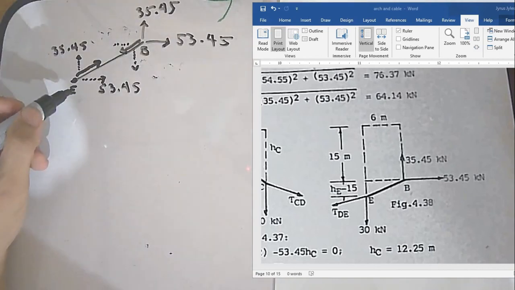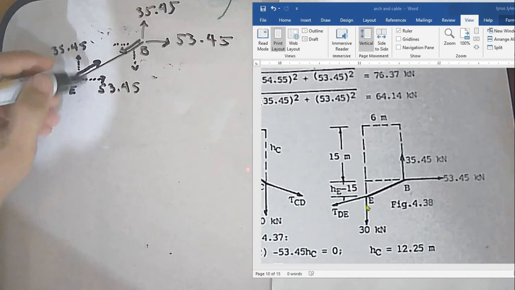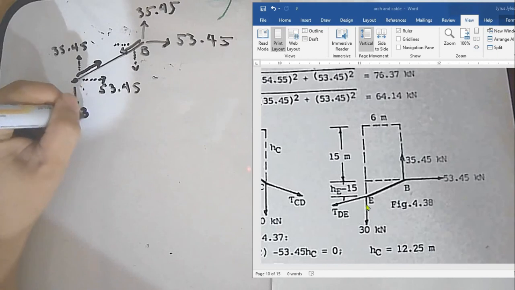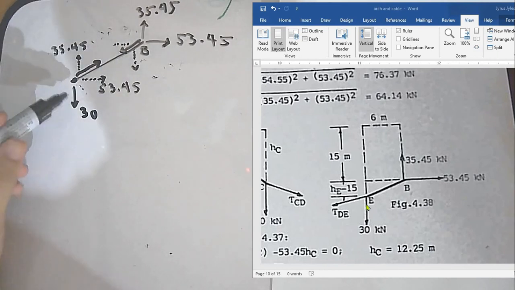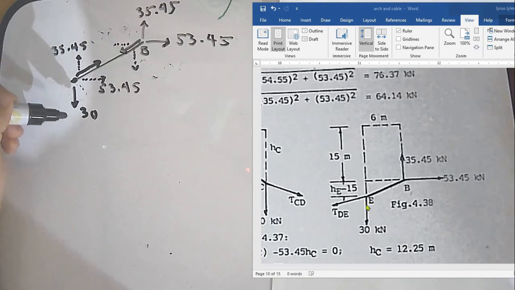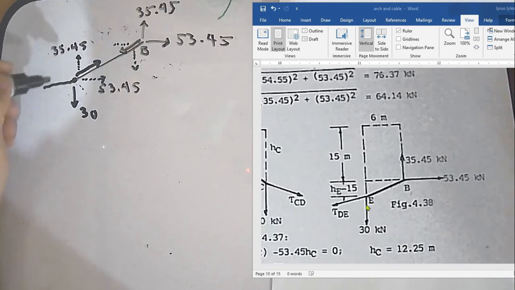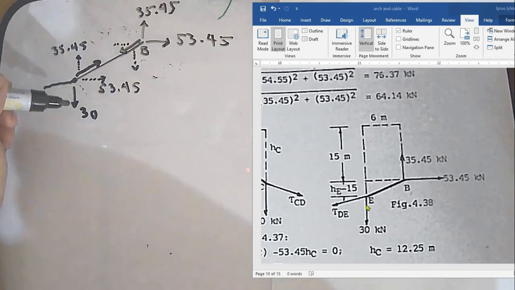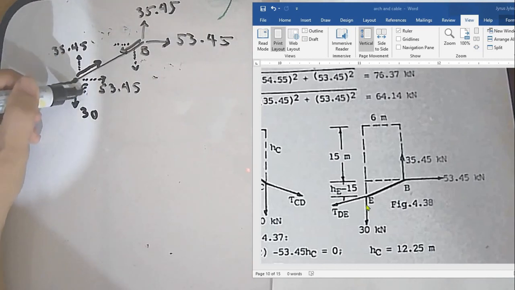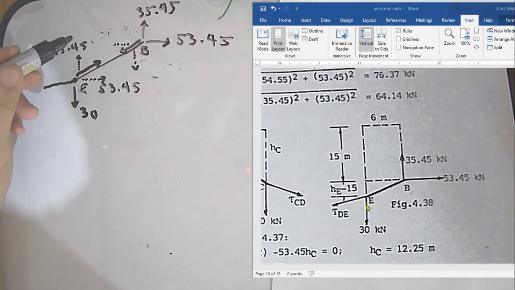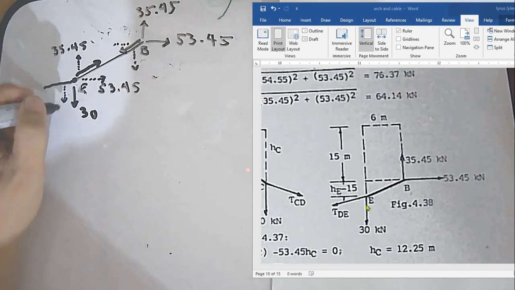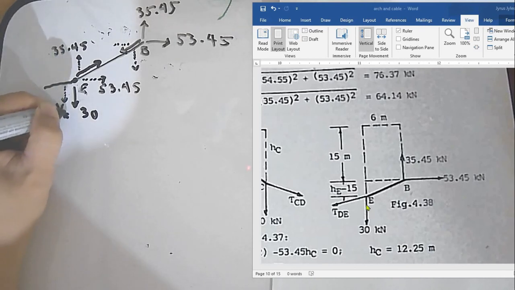At point E, meron siyang load na 30. Okay? So, yan. Now, looking at point E, merong vertical na 35.45 tapos may downward na 30. And then, ang mangyayari dyan, kung walang additional force, yung point E na yan, gagalaw yan pataas. Forever na gagalaw yan pataas. So, meron kang another force dyan. Let's take this as vertical E. Okay?